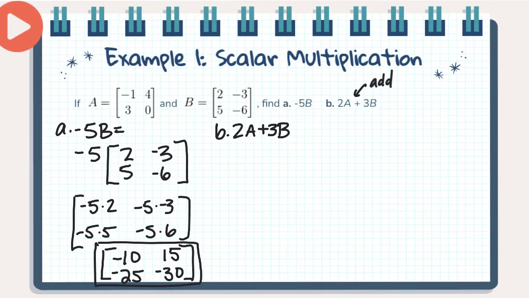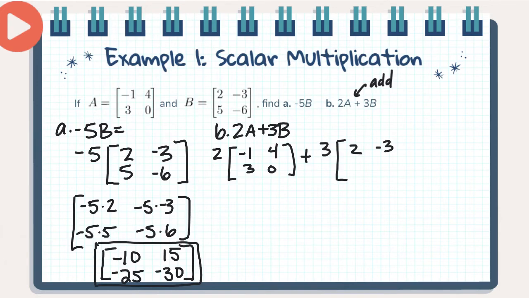So we're going to do 2 times the matrix A, [-1, 4, 3, 0], plus 3 times the matrix B, [2, -3, 5, -6]. And we just distribute the 2 to all 4 elements in the first matrix.